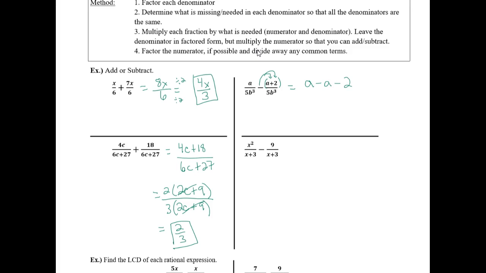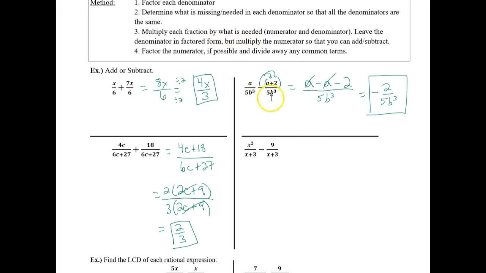Right? This was a positive a, now it's minus a. So it was a positive 2, now it's minus 2, all over 5b cubed. But a minus a is 0, and we're left with just a negative 2 over 5b cubed.